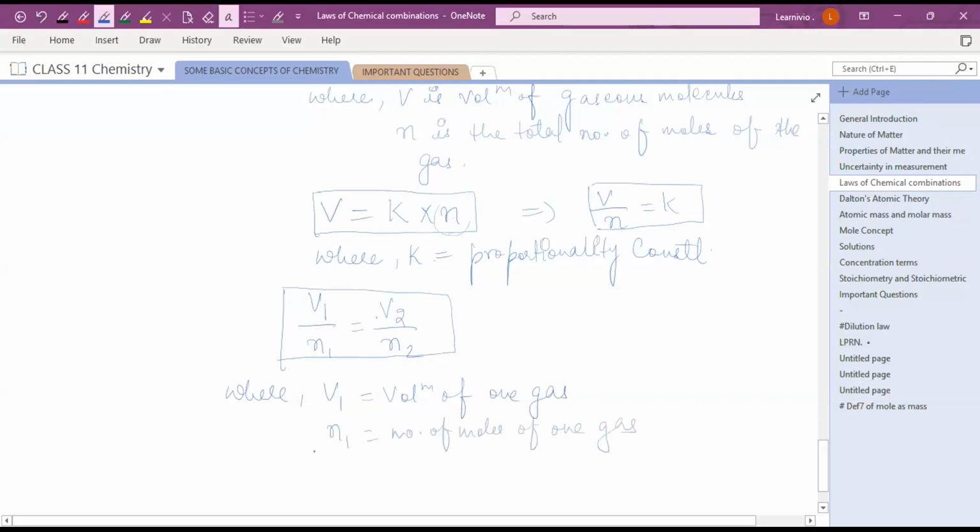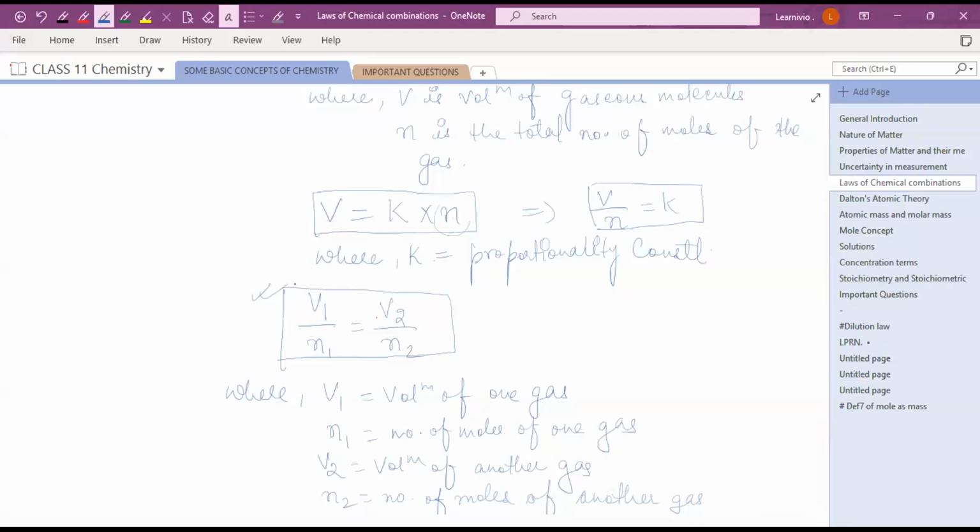V2 is the volume of another gas, and n2 is the number of moles of another gas. Just remember this relation. Sometimes they ask this type of question, where they will provide you the volume and the number of moles of one gas, right?